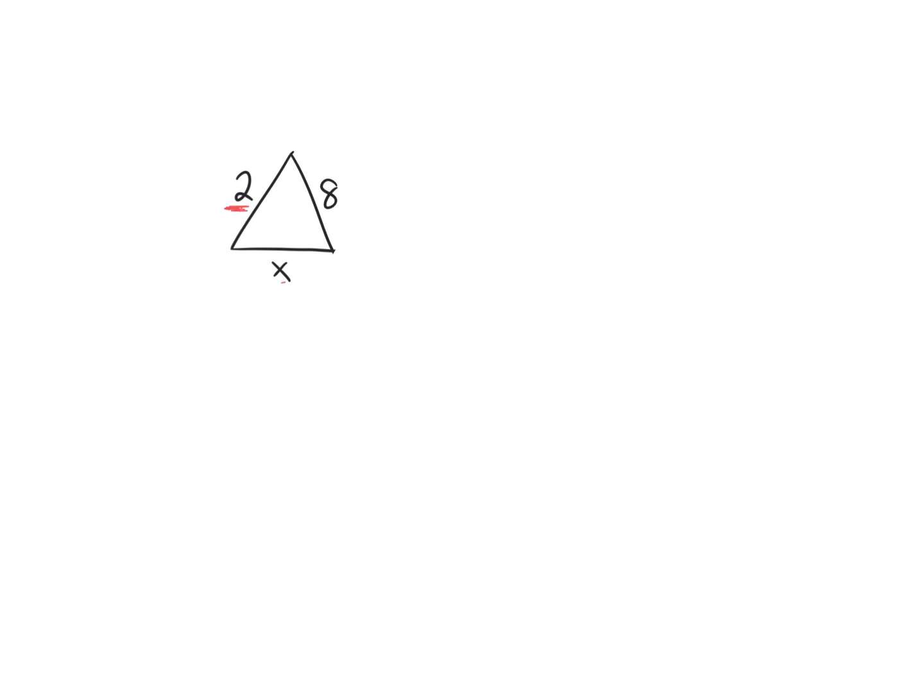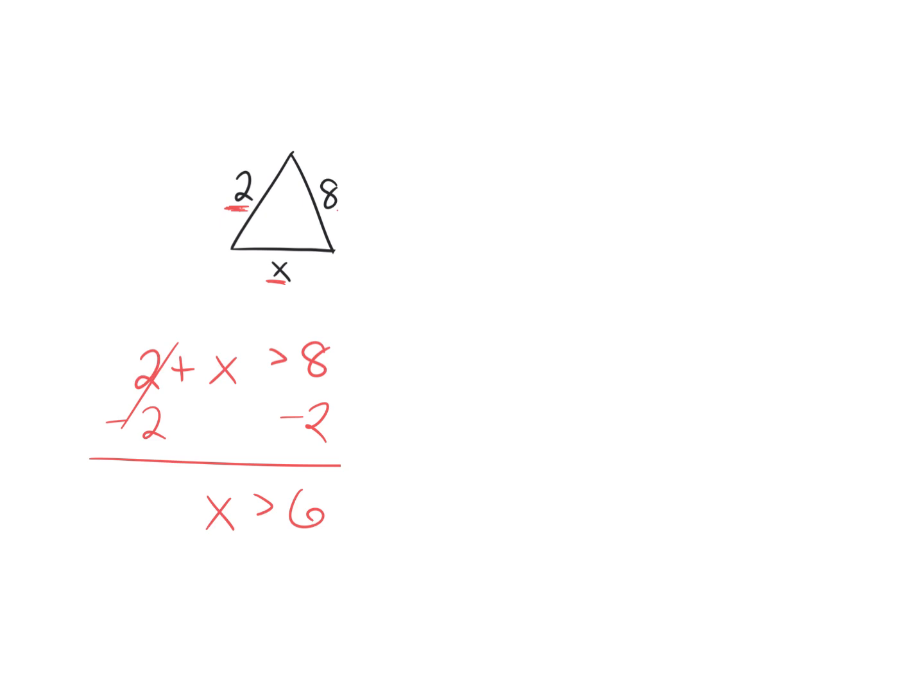Because 2 plus x has to be greater than 8. So to solve that, some of you are seeing the relationships already without having to do this, which is good. So we know x has to be greater than 6.